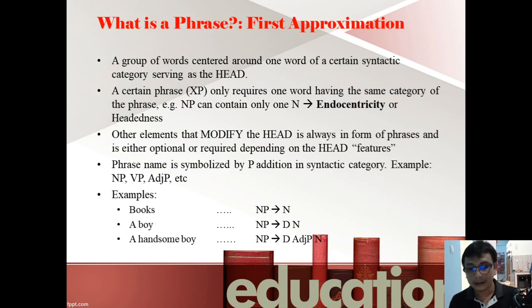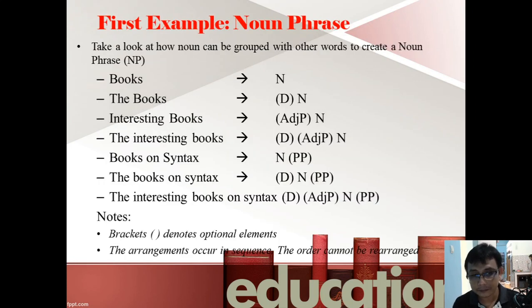Okay, and let's see how these constructions are represented or symbolized in rules. For example, NP consists of N, books, okay, or even larger, a boy, which consists of determiner and noun, and a handsome boy, which is even larger, consisting of determiner, adjective phrase, and N. Okay, so this is the phrase.